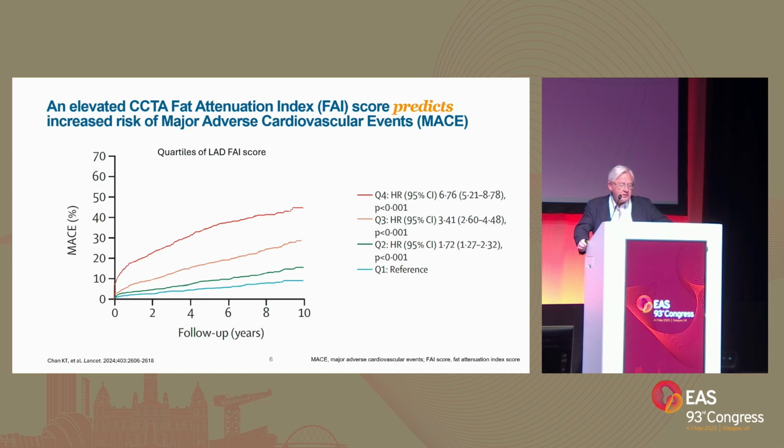Here are the quartiles, and you can see a tremendously high increase from the lowest baseline quartile to the highest quartile, an almost 7 times increased risk. And the really interesting thing was that the increased risk was similar in those with obstructive coronary disease as in those without obstructive coronary disease. So we're measuring something that is perhaps more important than the size of the plaque: the inflammation of the plaques.